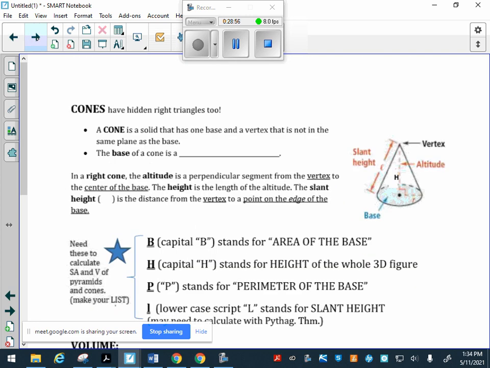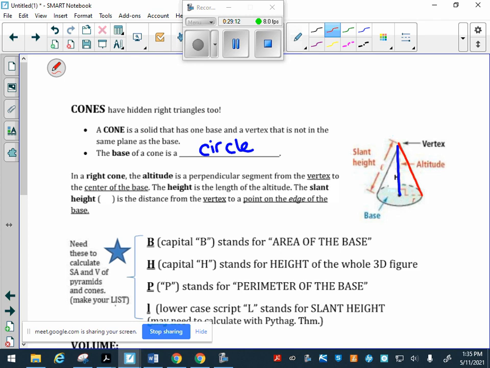Okay. So in a cone, you also have a hidden triangle. You know the base of a cone is a circle. Therefore, when we draw this hidden right triangle again, instead of an apothem, what is this piece right here?